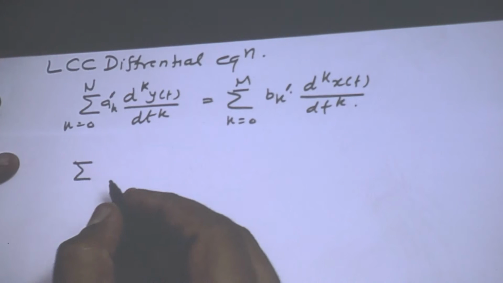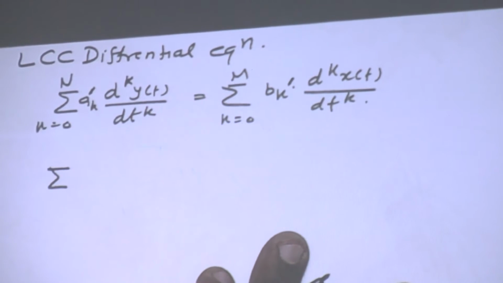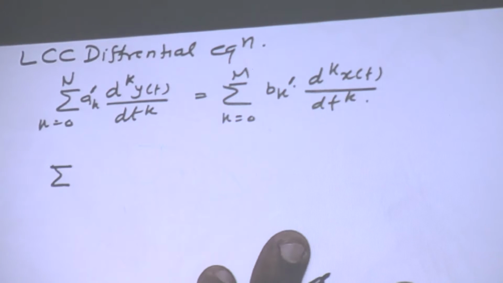How many differences will be there? For k equal to 1, dy by dt, you have one value of y of n and one value of y of n minus 1. When you take 2, you have three values: y of n, y of n minus 1 and y of n minus 2. When you have a differential of order 3, you will have 4 different values: y of n, y of n minus 1, y of n minus 2, y of n minus 3 and so on.